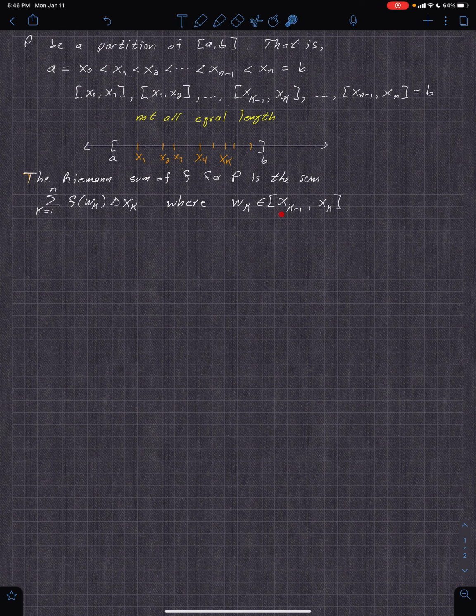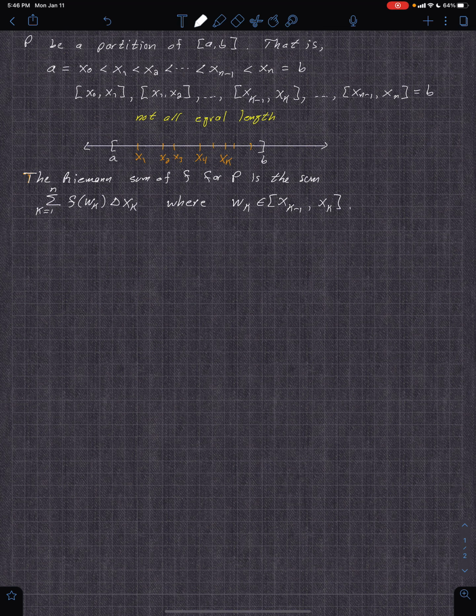It's arbitrary in here, so it could be this endpoint or any value in between. Because we make it arbitrary, if needed later, we can make it specific. It doesn't matter what it is right now.